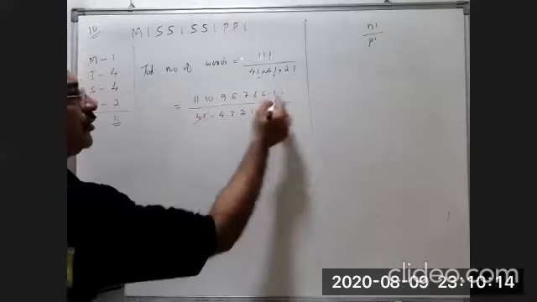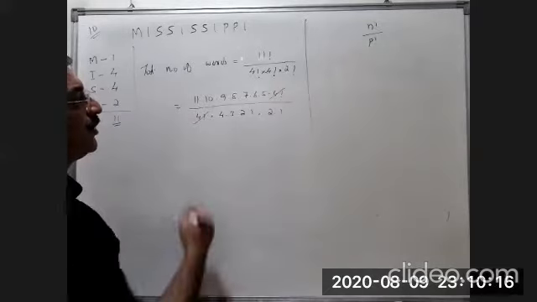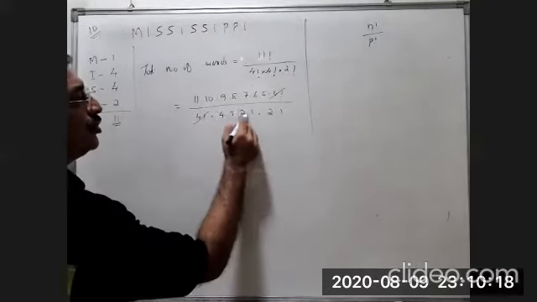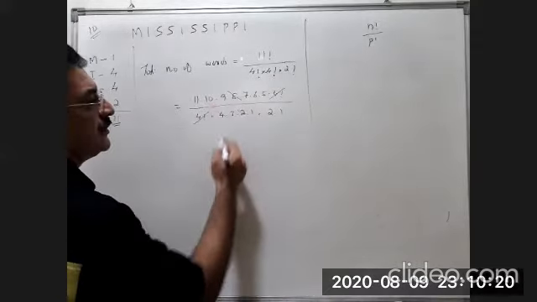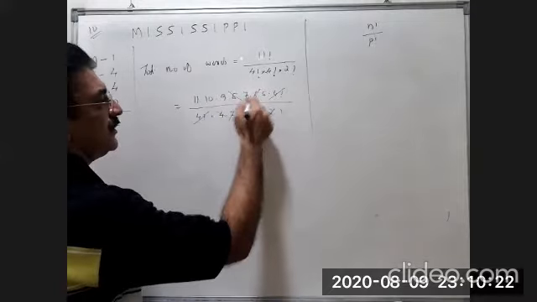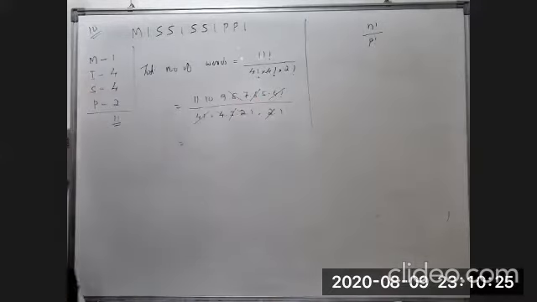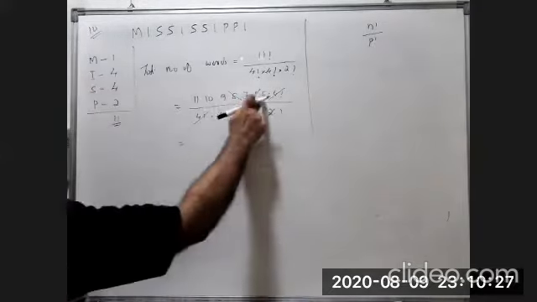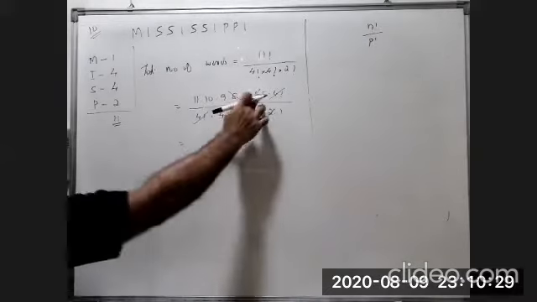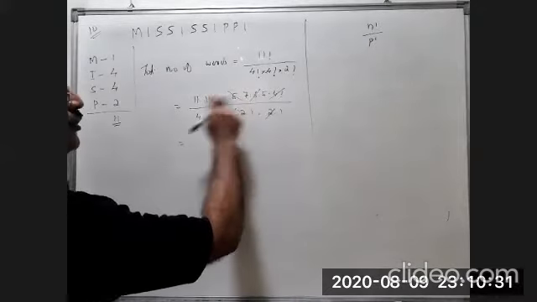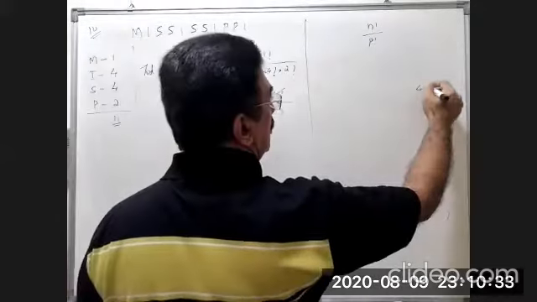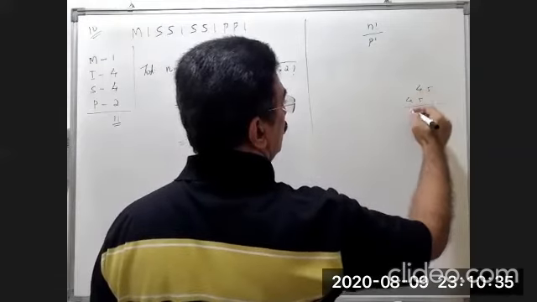This 4 factorial cancels. Now 4, 2 and 8 cancels. 3, 2 and 6 cancels. Multiply, divide. 9 5s are 45.